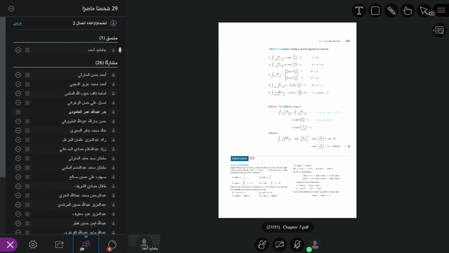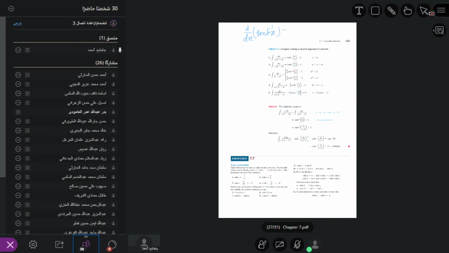So here you can see we have the integral of du divided by square root of a square plus u square. In the last lecture we discussed the derivative of sine hyperbolic inverse x.